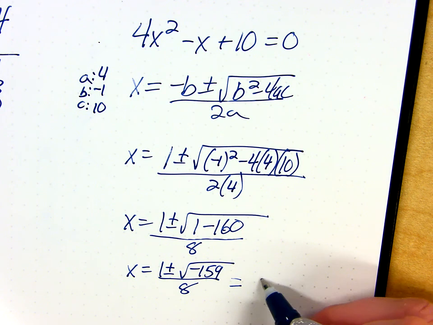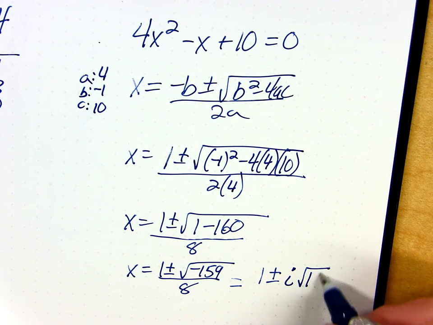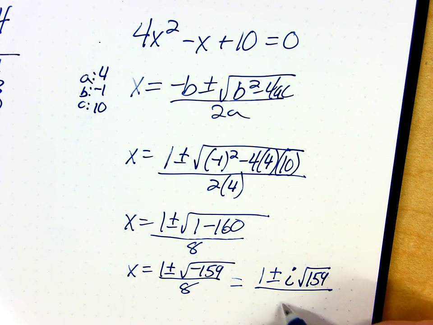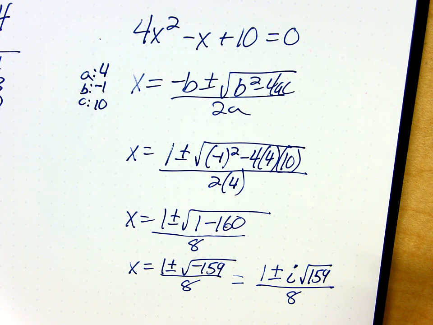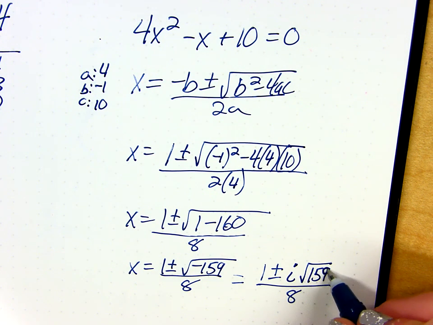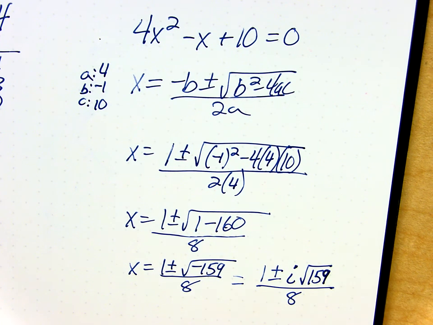So my final answer would look like this. 1 ± i root 159, and the whole thing is over 8. And there's my final answer. Is that ringing bells? Do you remember this? Okay. Awesome. So that's it. That's solving quadratics. So let me stop this video here.